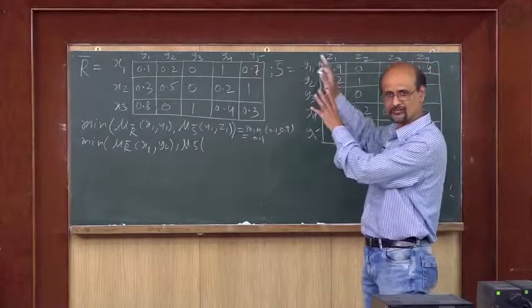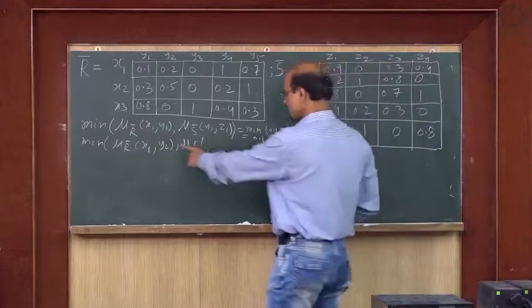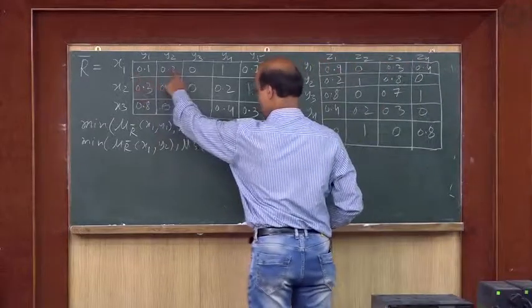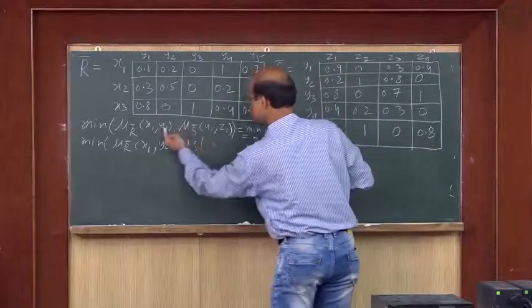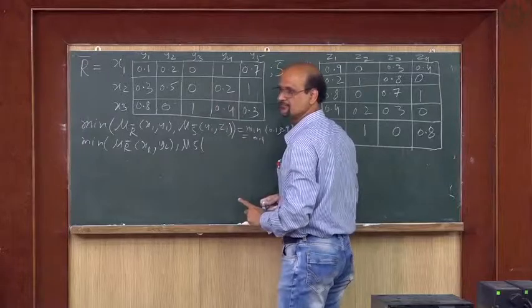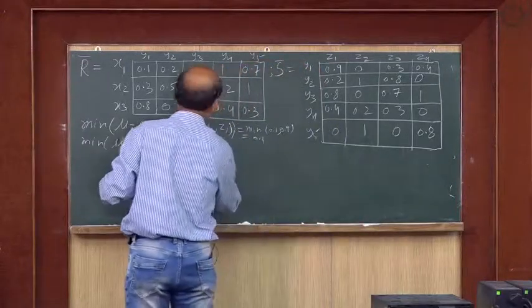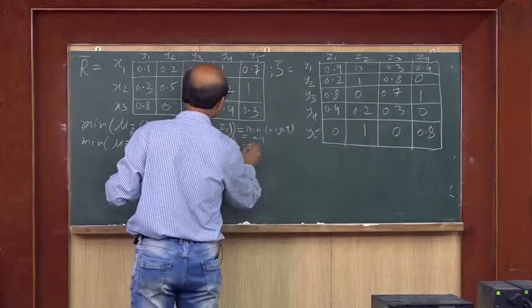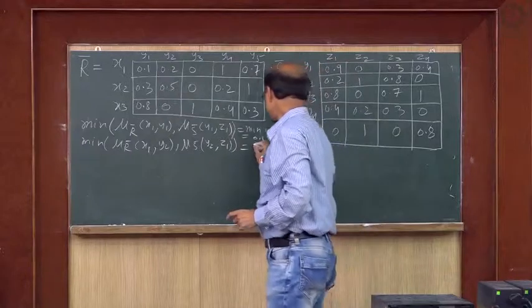So you just think about that, but take the minimum. That's why, x1 y2 should be paired with y2 z1, because the middle index should repeat, and that was not repeating there. Understanding? So it should be y2 z1, and then it is 0.2 and 0.2, so it is 0.2.